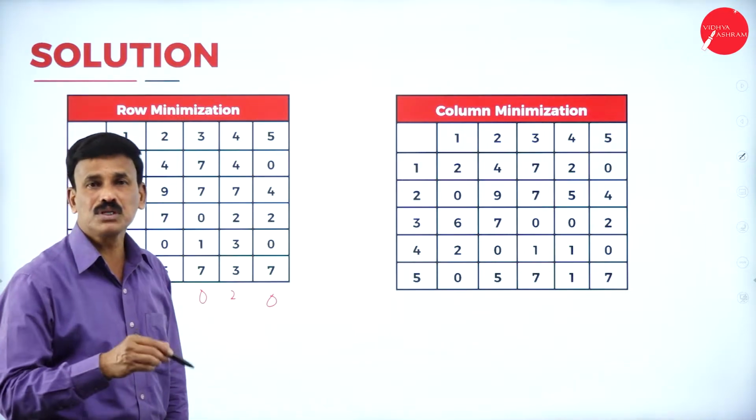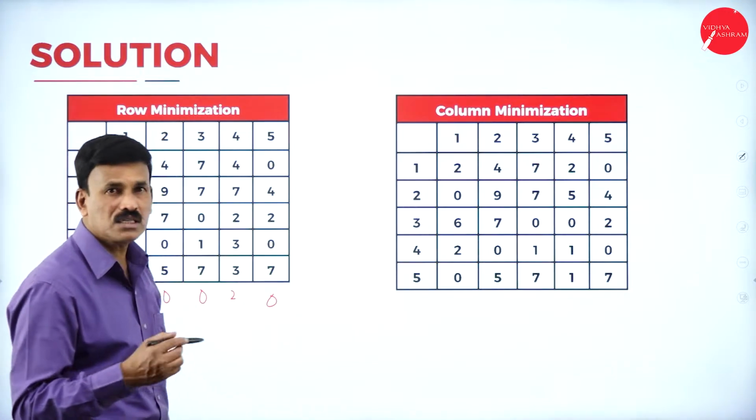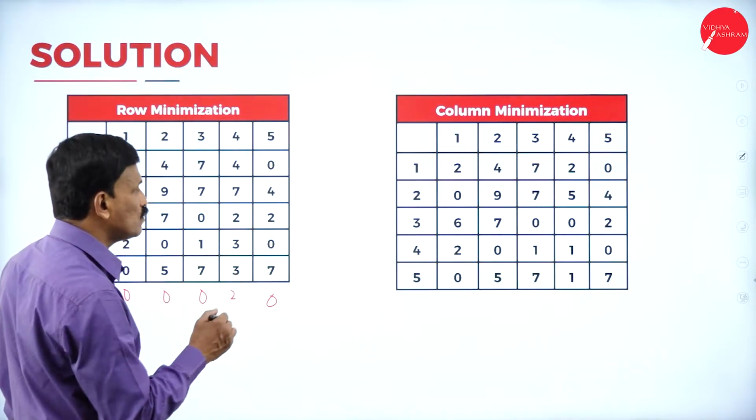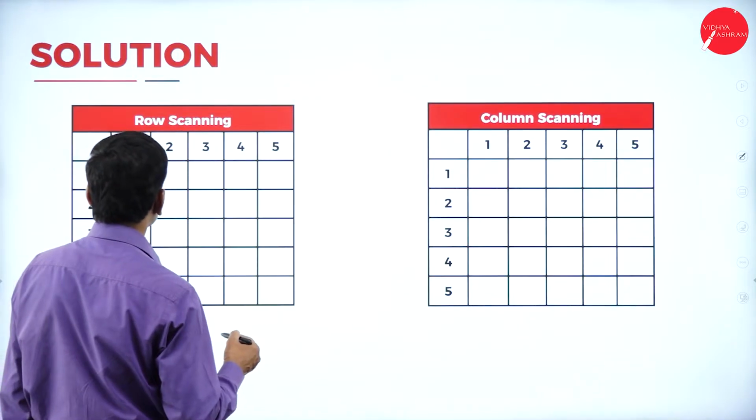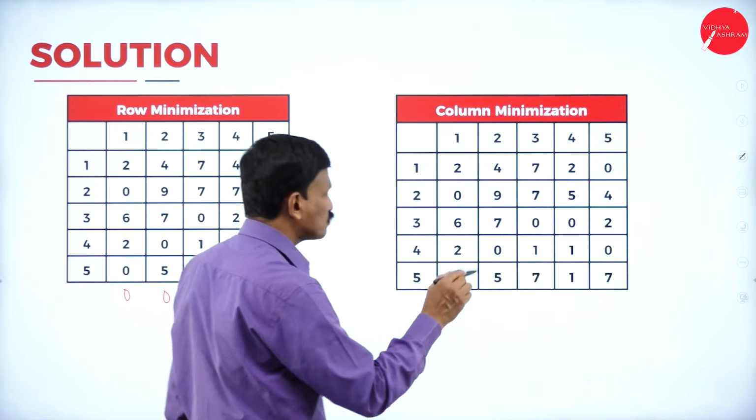After completing row and column minimization, we have to go for row scanning and column scanning. Now, let me come to the row scanning. In row scanning, let me write all these elements as usual.